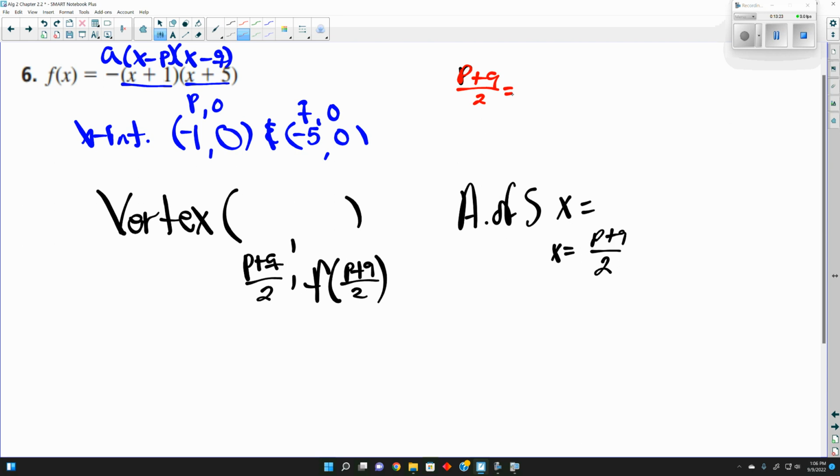Well, the values of p and q in this case are negative 1 plus negative 5, or negative 1 minus 5, which is negative 6 over 2. Yes.